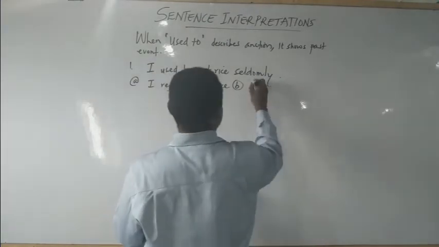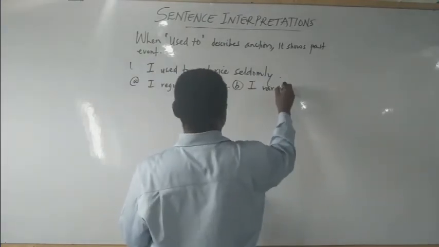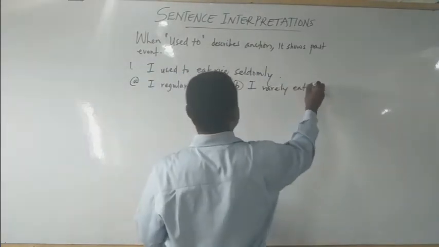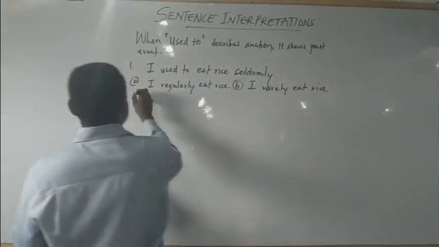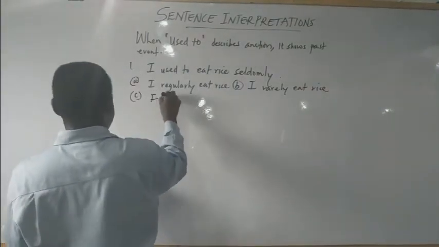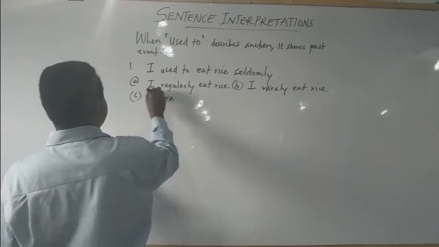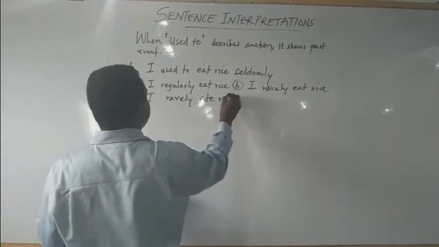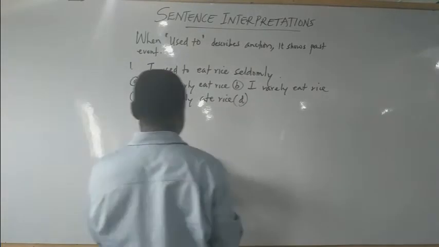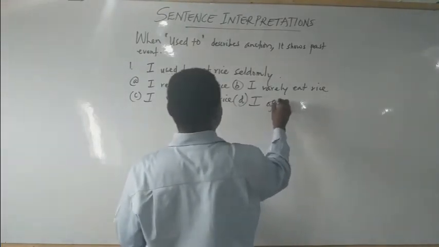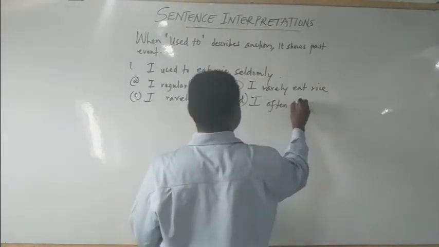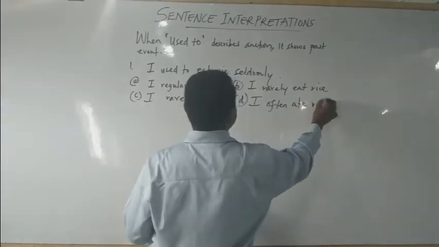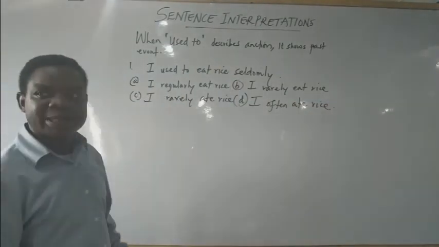B, I rarely eat rice. C, I rarely ate rice. D, I often ate rice. Look at this tricky example.